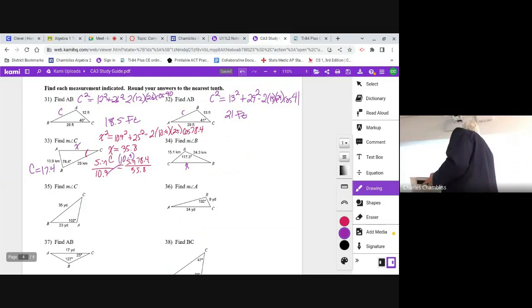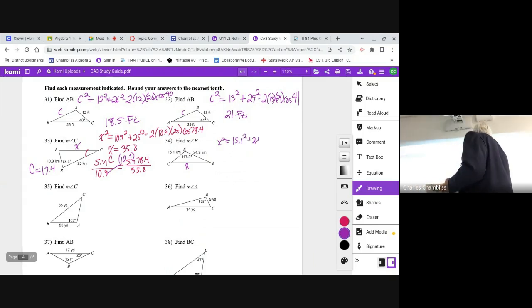You've got x squared equals 15.1 squared plus 24.3 squared minus 2 times 15.1 times 24.3 cosine 117.3. And then you use x to find that.